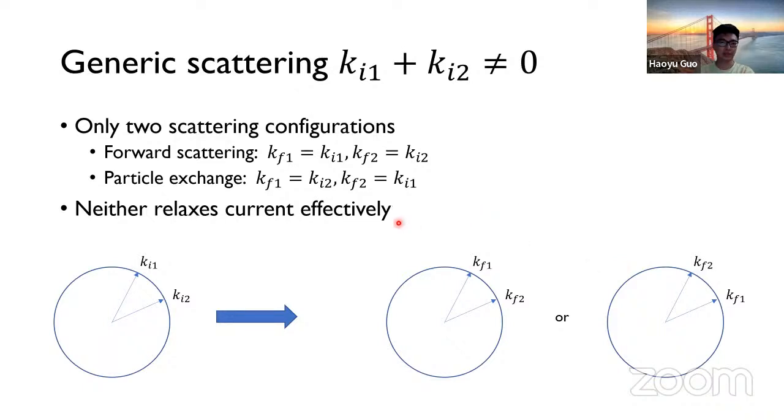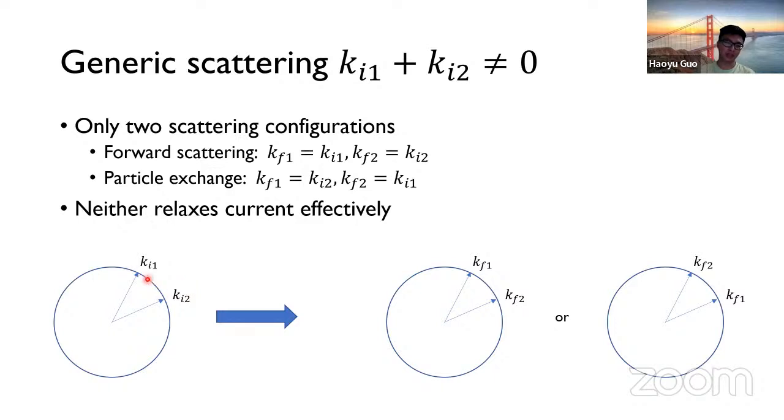So let's look at the phase space constraint that I have talked about. For example, you could look at a 2-to-2 scattering on a Fermi surface for two particles. First let's look at a generic setting, where the sum of the two initial momenta is non-zero.